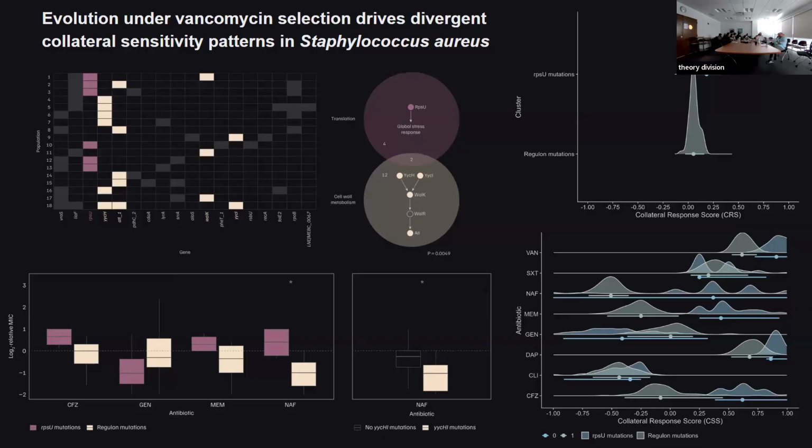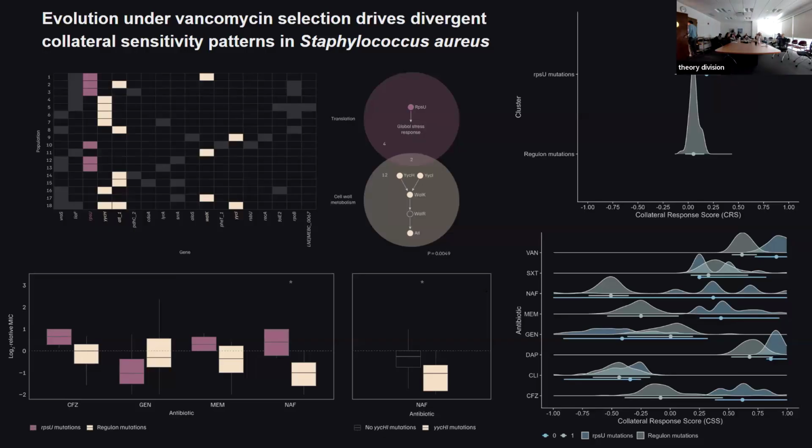So, given this divergence, and given that populations evolved in distinct ways to vancomycin, with sometimes contrasting phenotypic effects to second line drugs, we wanted to quantify the likelihood that replicate populations would trend one direction or another, collateral resistance or sensitivity.